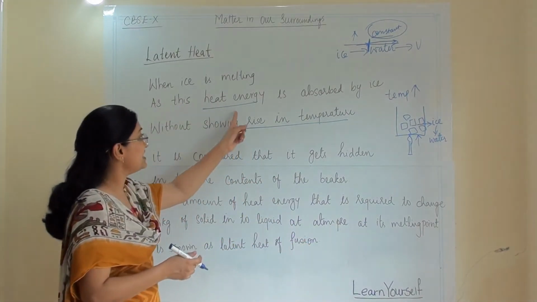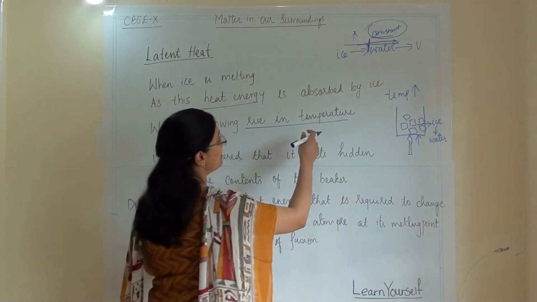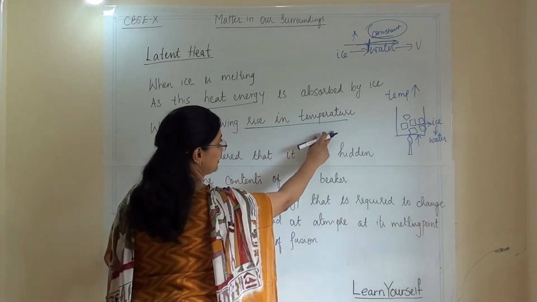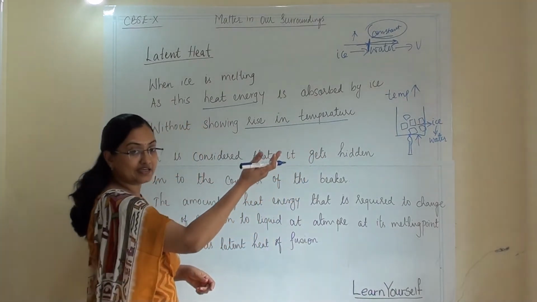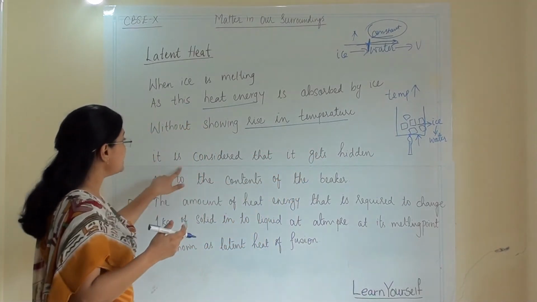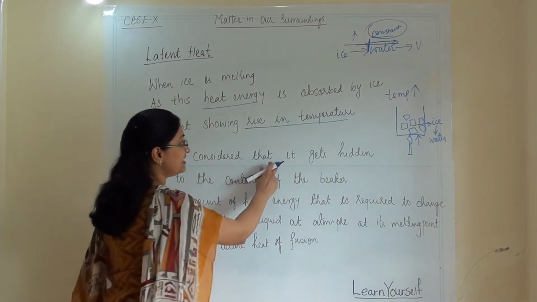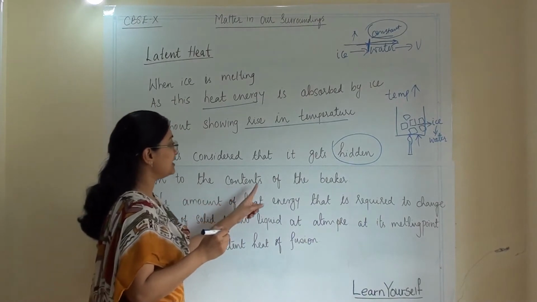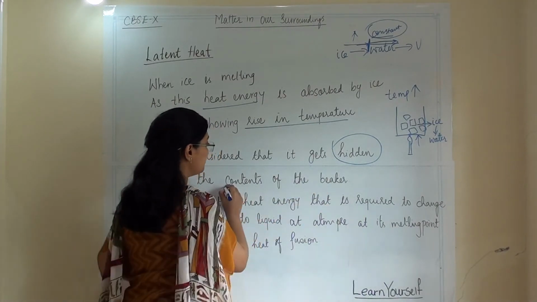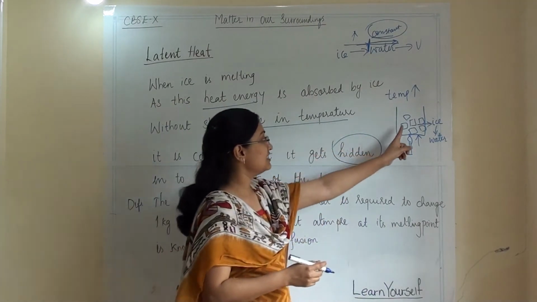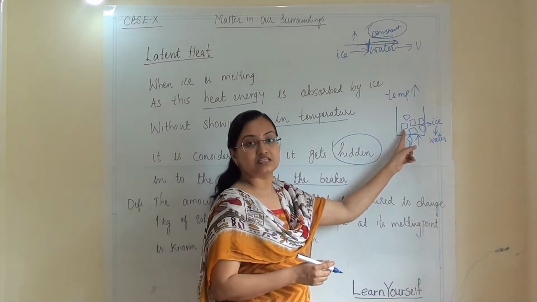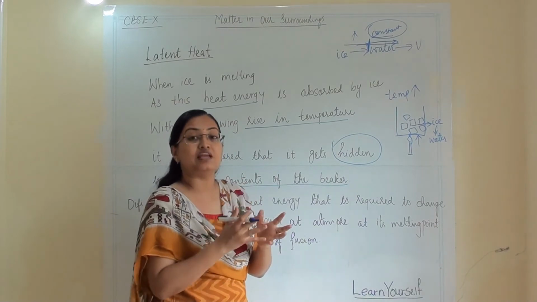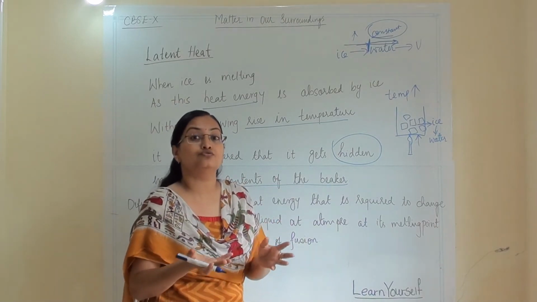So as this heat energy is absorbed by ice without showing a rise in temperature, we cannot see any rise in temperature. It is considered that it gets hidden into the contents of the beaker, hidden into half of the water and half of the ice, because the ice has not fully converted into water.